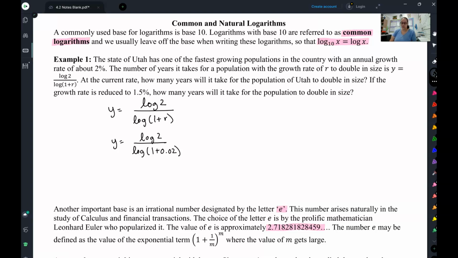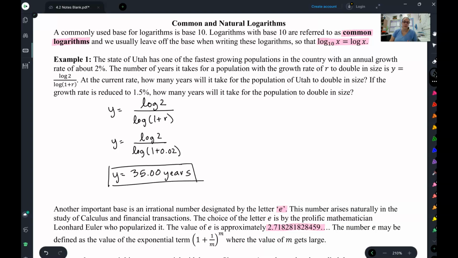Then I can just plug this into my calculator, and that will give me how many years it will take for the population to double in size. I type that into my calculator and find that it gives me 35.00 years. At a growth rate of 2%, it would take 35 years for the population to double.